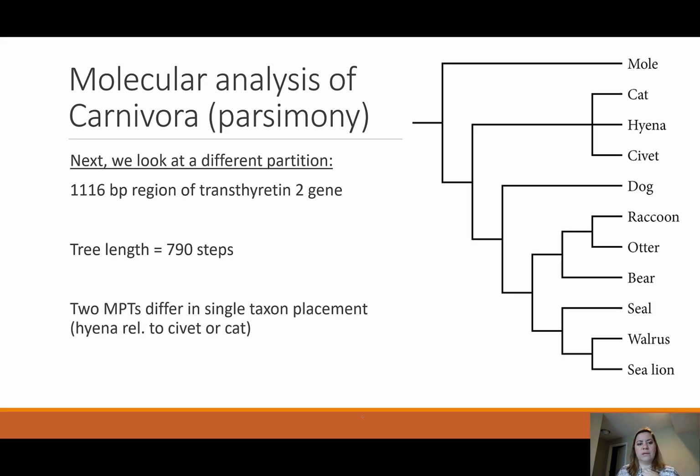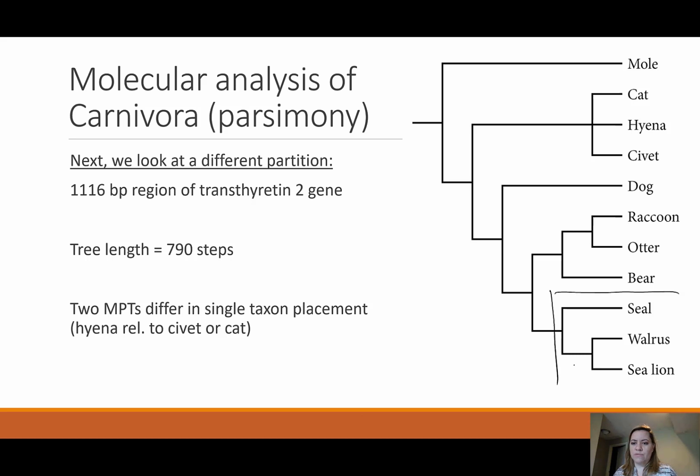And the two most parsimonious trees here with the molecular data, there's some disagreement again, right? Here, the seal walrus sea lion clade is pretty well worked out. And so that's this group right here.